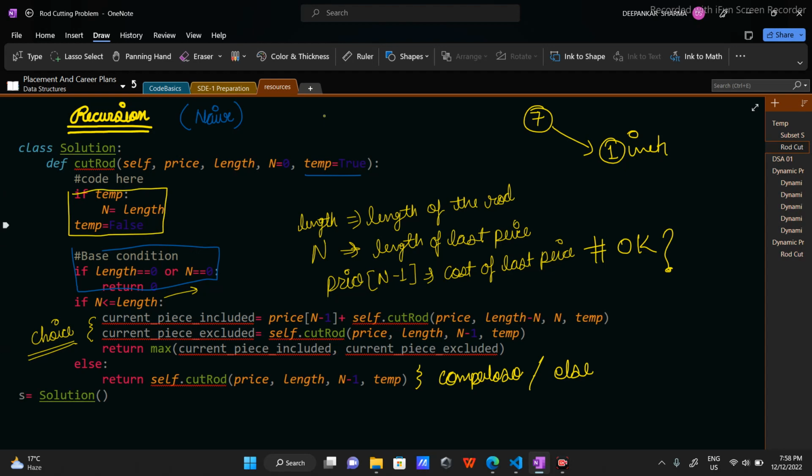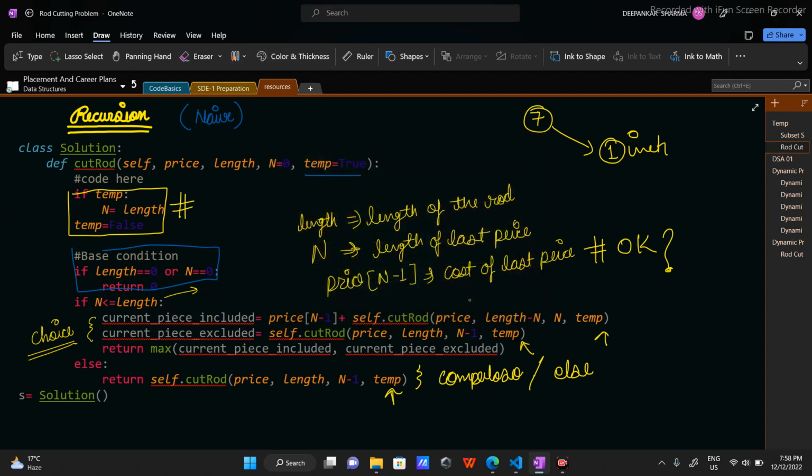So I made it a bit easier for me to initialize this variable, because this is the first call that the program is going to make while running. After that, I will have this temp as false, and again I will pass this temp from here and here. All right, so I'm never going to come up to this again.